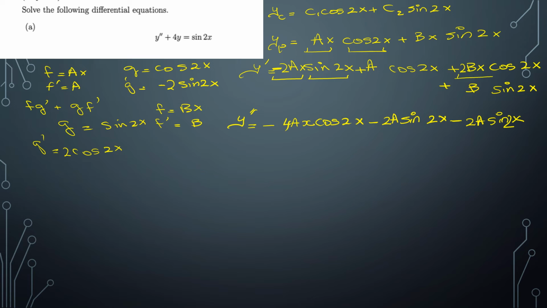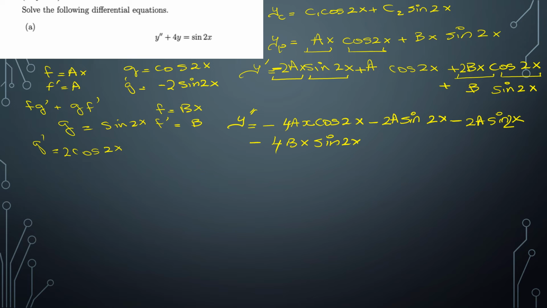So here again I will use my product rule, fg prime. So my f is 2bx and g prime is negative 2 sine 2x. So negative 2 times negative 2 times 2 gives me negative 4 and sine 2x.